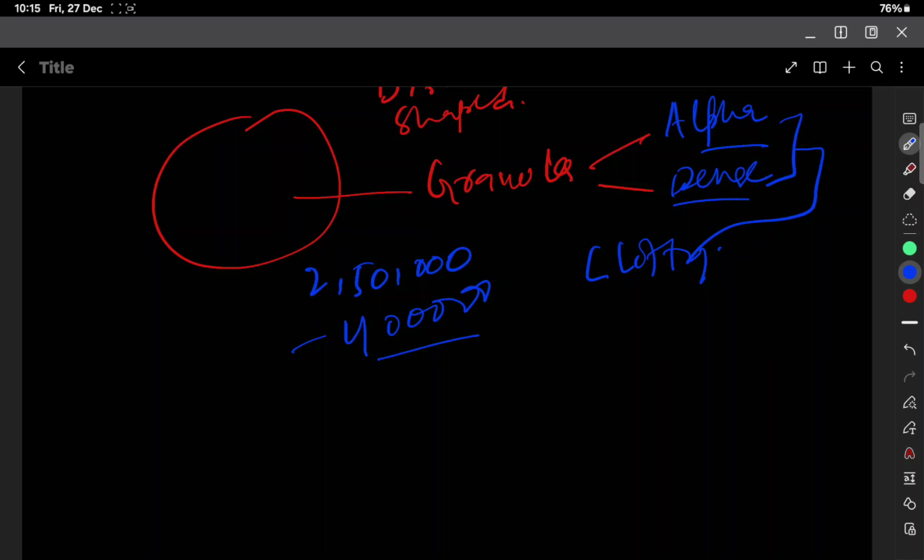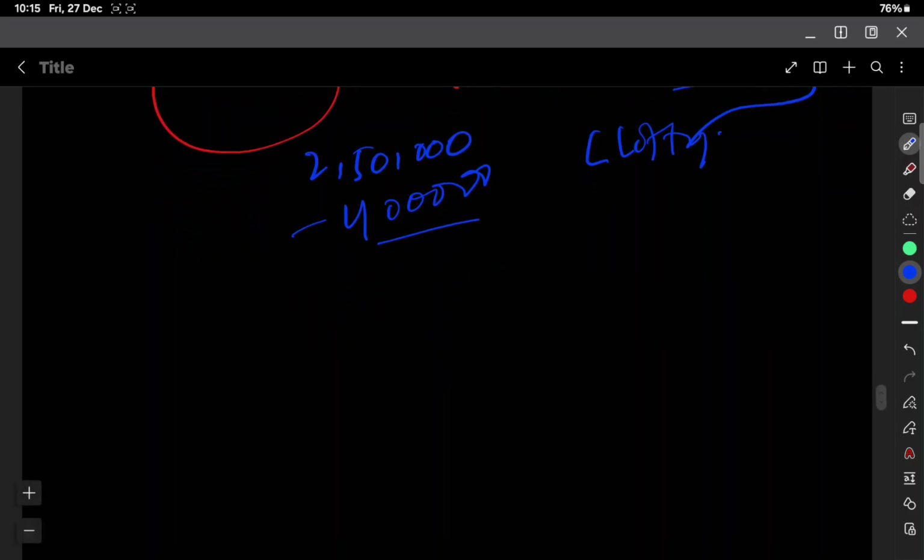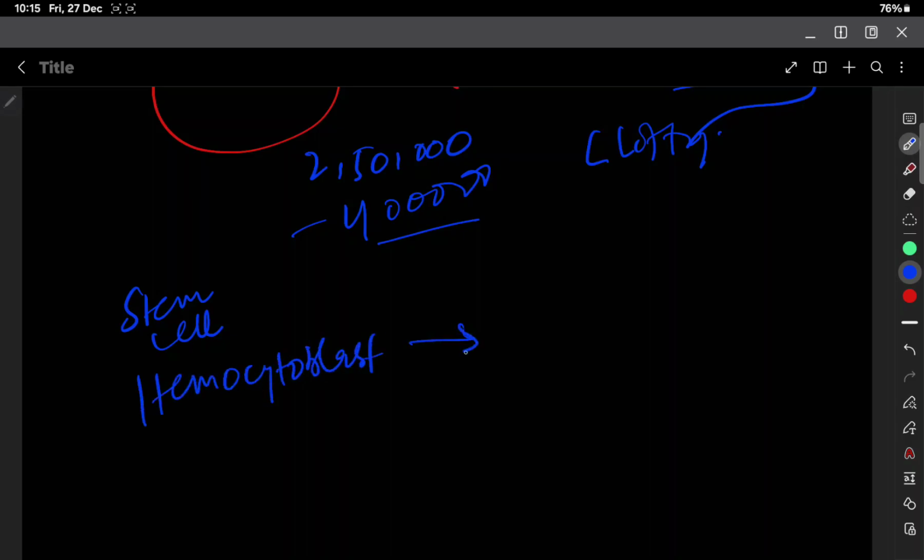If you want to see how platelets are formed, I will give a brief description here. The first stem cell is called the hemocytoblast. This hemocytoblast develops into a megakaryoblast.